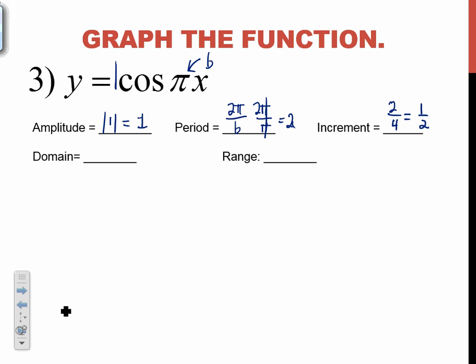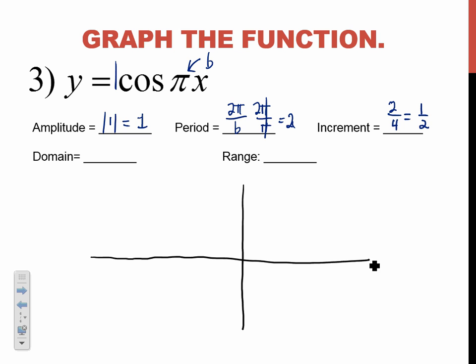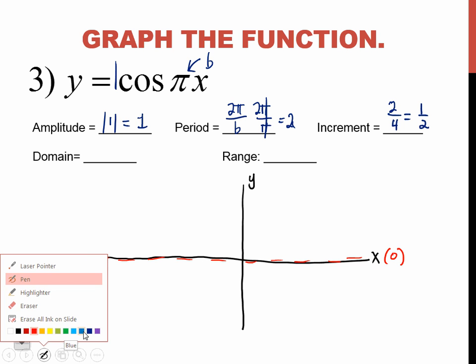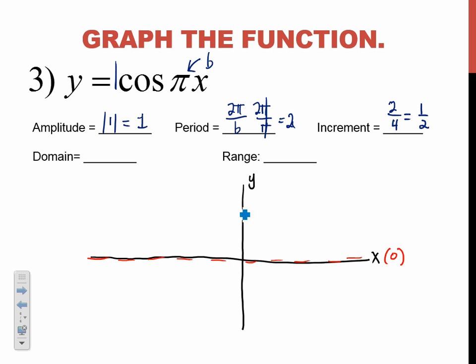So we're going to draw our x and y axes. Y, x, again, labeling everything. The midline is our x-axis because we don't have any vertical shifts yet. Those are coming. And then our amplitude this time is 1. So I'm going to go up 1. You can use a ruler. It'll be easier.